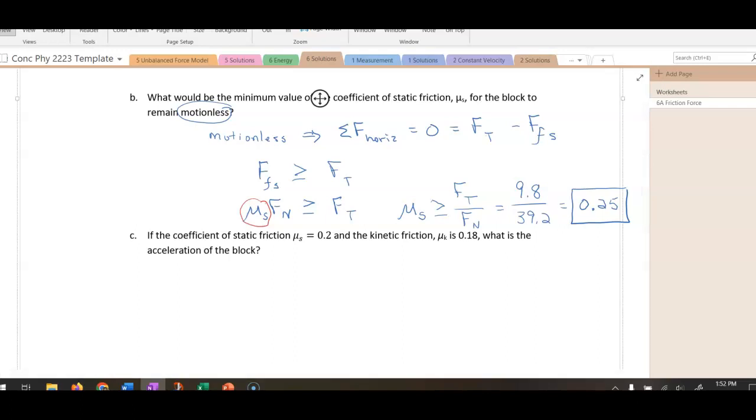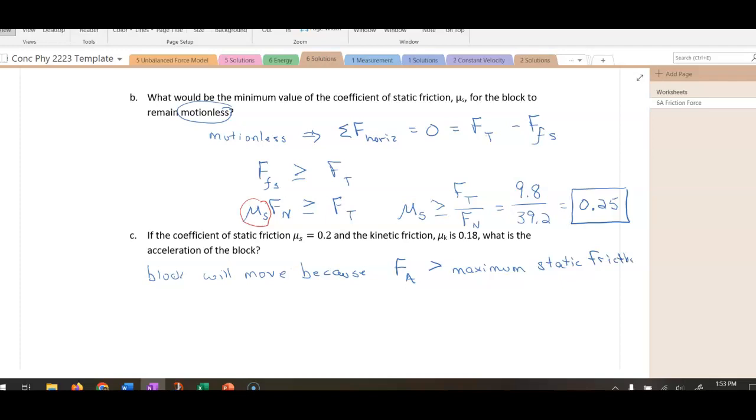Well, so then, this is a new problem really, part C. It says the coefficient of static friction is 0.2. Okay, so that's smaller than the minimum to keep it still. So it's probably going to move now, right? The block will move. It will slide because the applied force is bigger than the maximum static friction force.